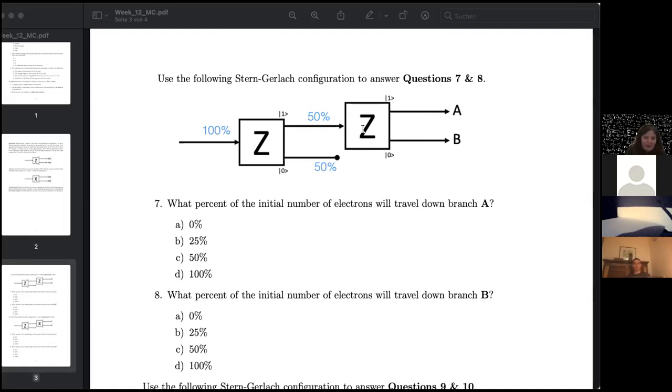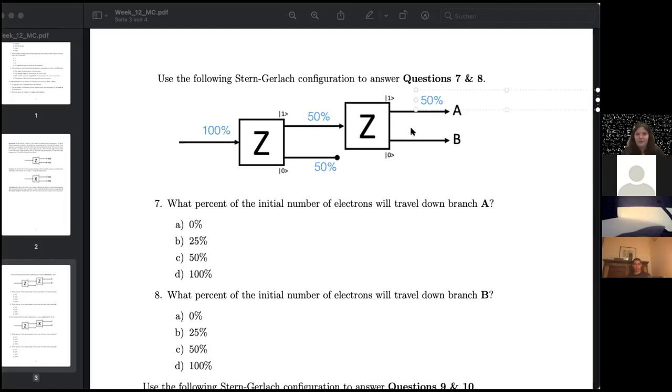And what happens there? I have all of my electrons in state 1. All of these 50% are in state 1, so state 1 after the second one will be 50%.